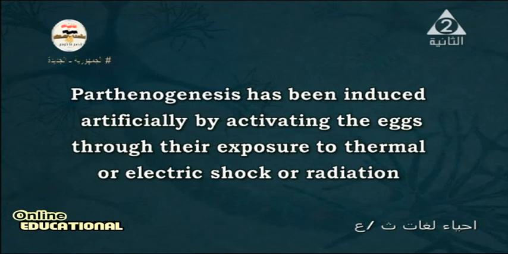Parthenogenesis can be induced artificially by activating the eggs through exposure to thermal or electric shock or radiation. The eggs may be exposed to heat, electricity, or radiation to form a new individual without male gametes.